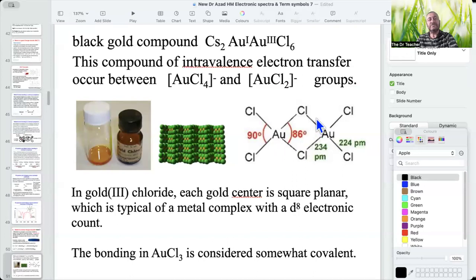You can see there is a bridging chloride and there is a free or terminal chloride. So how can we characterize each? We call it the black gold compound. And this charge transfer is intervalence, meaning between gold 1 and gold 3. Because they have different oxidation numbers, you can see a charge transfer between them.